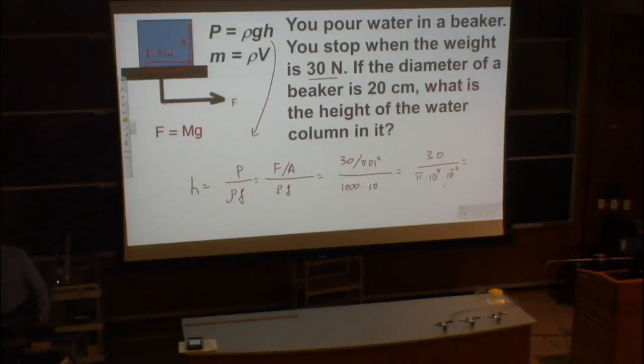Well, I can make a rough estimation because pi is close to 3 over 3. So what do we get? We get 0.1, about, close, of a meter, about 10 centimeters, but probably 9 centimeters something. You can calculate it. Something like that.